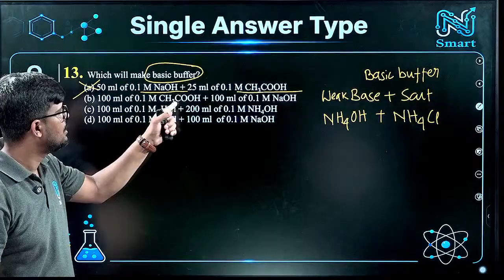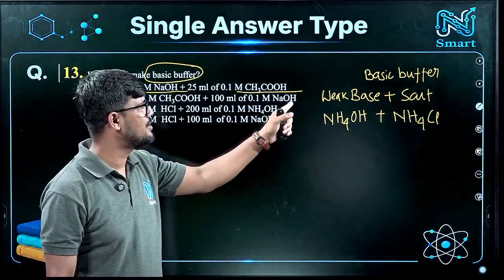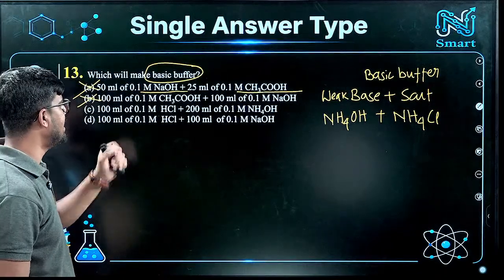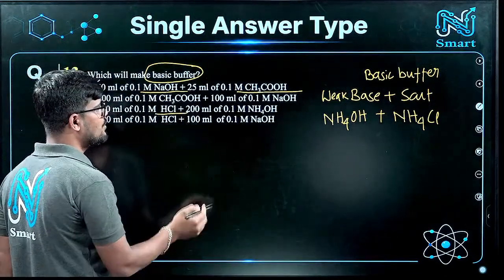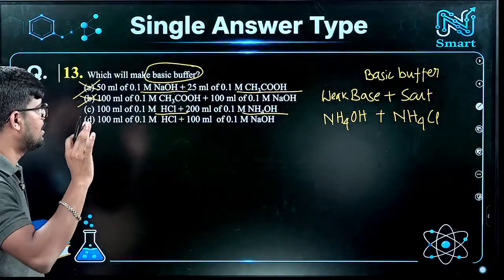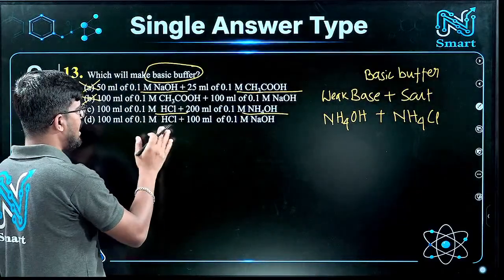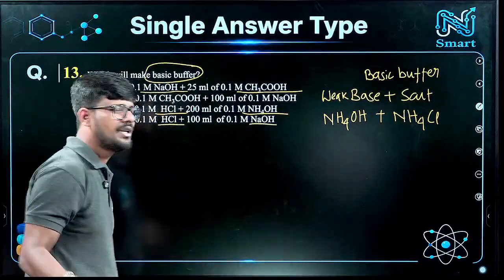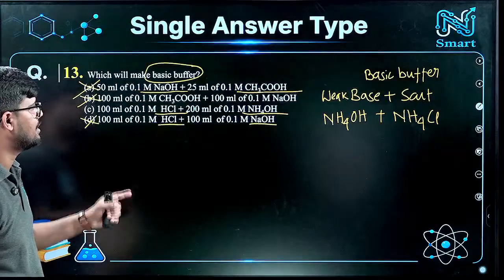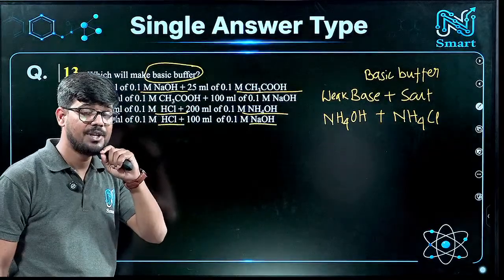Next option, weak acid, strong base. Again, this is not the correct answer. Next, here we have a strong acid and a weak base. Yes, we have little hope. And if you see the last one, HCl, NaOH, nothing is weak, both are strong. So this is also not the correct answer. So option C will be the correct answer.